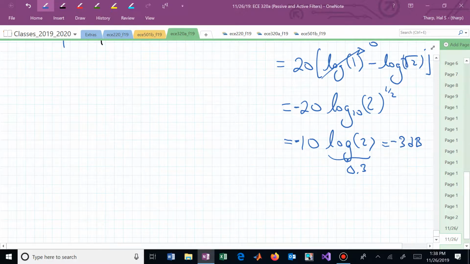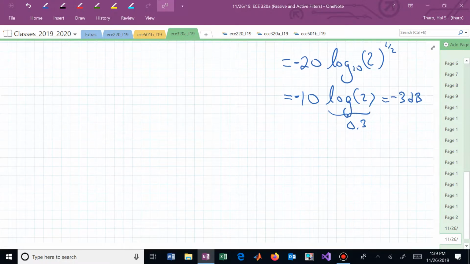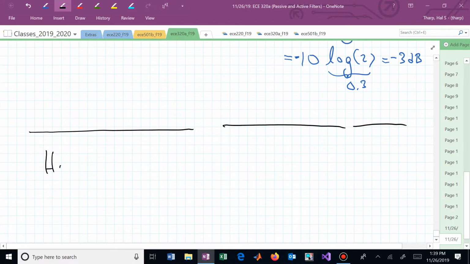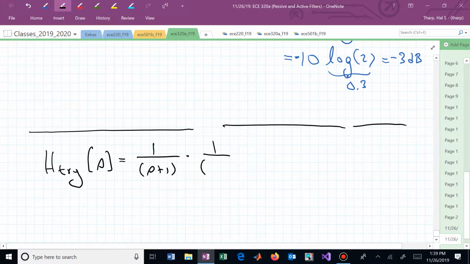Now, suppose somebody says, well, I want more attenuation at higher frequencies. They say, I need a bigger order filter. If they say, I can still obtain the transfer function that I want if I just add more filtering, just add another filter.